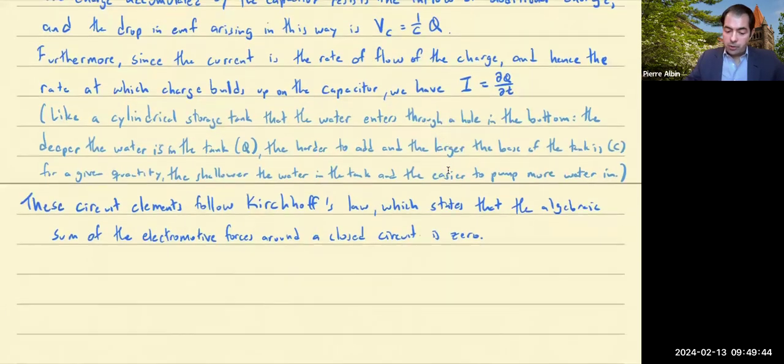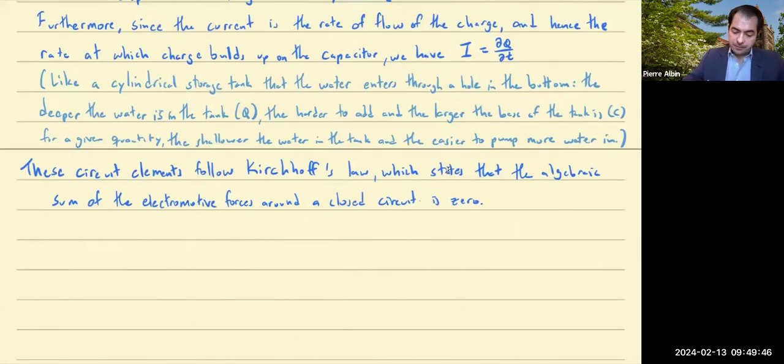So what Kirchhoff's law looks like for us is that V minus V sub R minus V sub L minus V sub C is equal to 0.